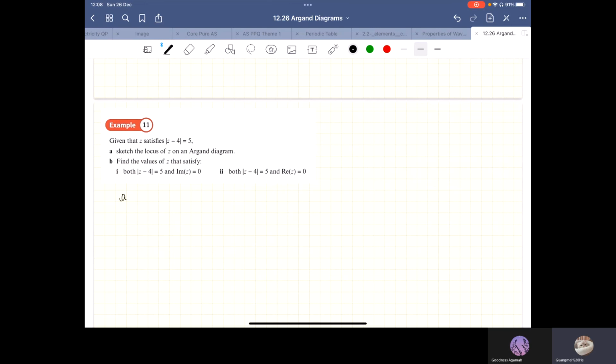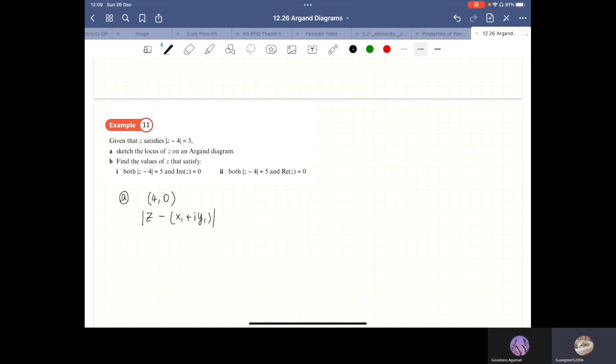The center of the circle is 4, 0. Why is it 4, 0? Because according to this form, z minus x1 plus iy1, we can see clearly that there's no i. There's only this negative 4, and this negative 4 is the x1 it represents. So the center is 4, 0.